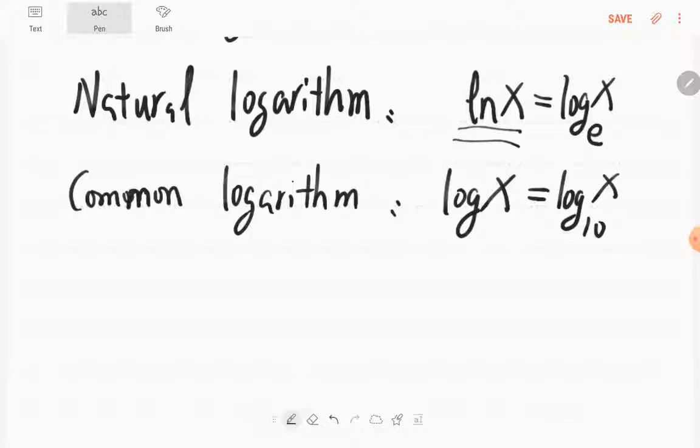The reason is if you look at your calculator, you will see you can calculate the natural log ln of x and the common logarithm log. There is a button to calculate this kind of logarithmic function directly if you plug in x values.